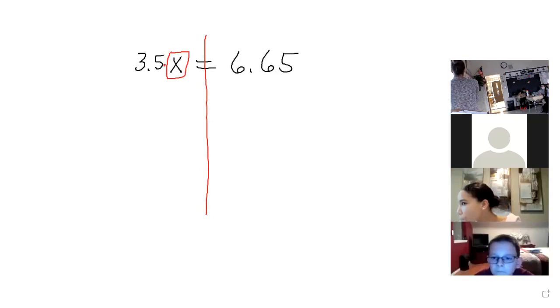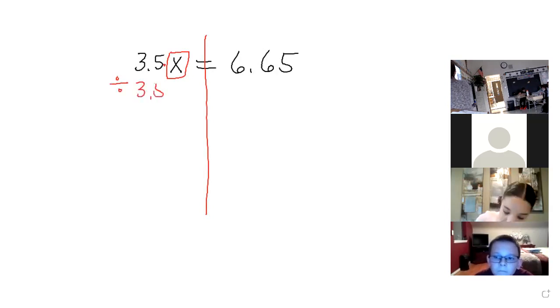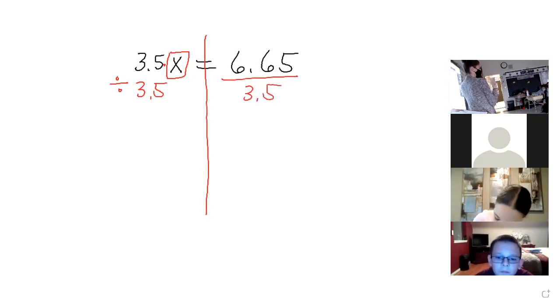So if multiplying is happening, I undo multiplication through division. You can write it like this, divide by 3.5, or you can write it like this, divide by 3.5. It's up to you, whichever method you prefer. They both mean the same thing, but you do have to perform it on both sides to keep it balanced.